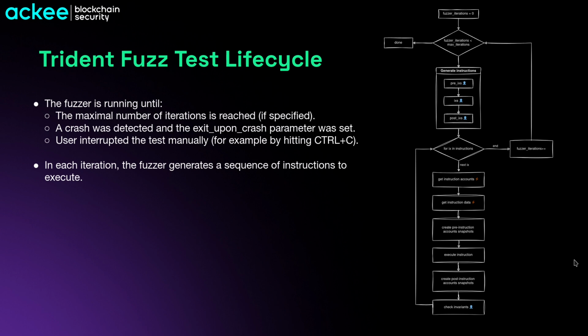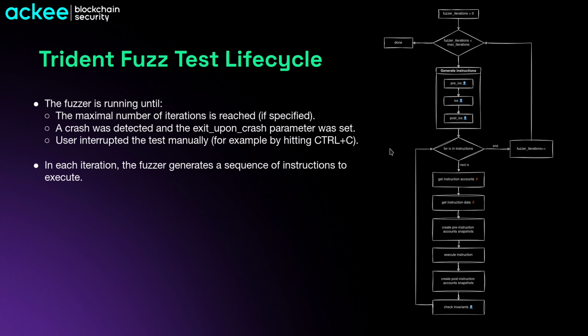So now let's look into Trident in order to understand the life cycle of a fuzz test. For that, I have prepared and pasted a diagram and an extract from the Trident documentation. Trident is running in a loop here on the diagram, and there are different ways you can end this loop.